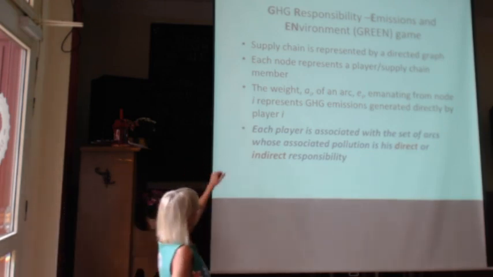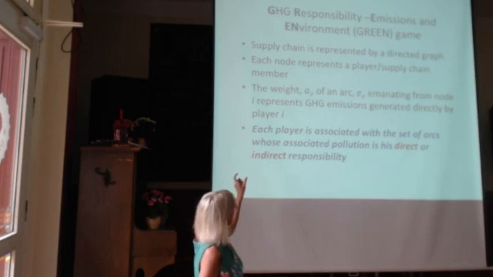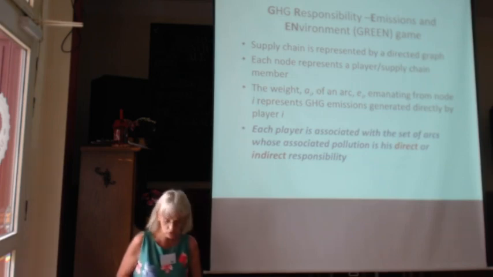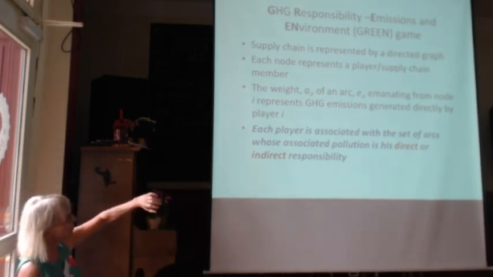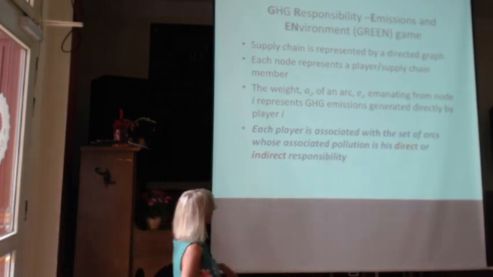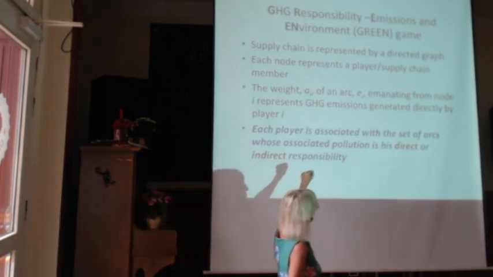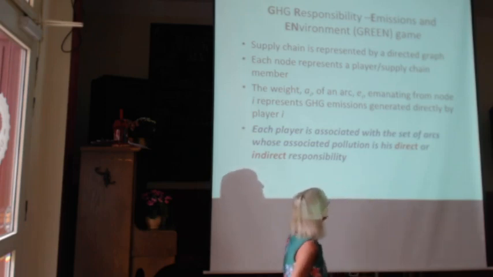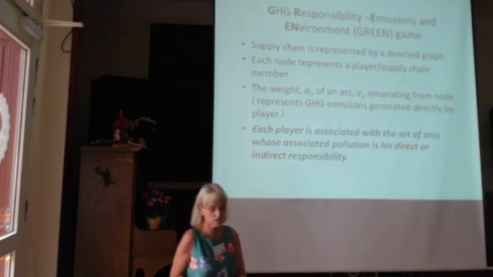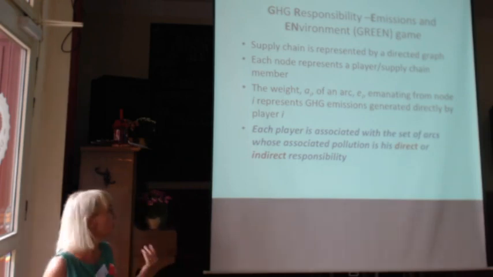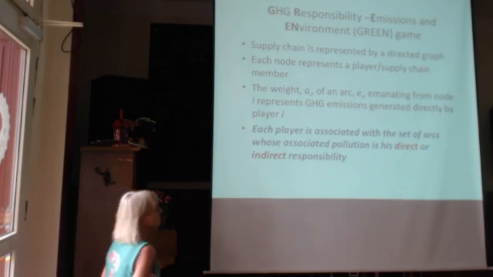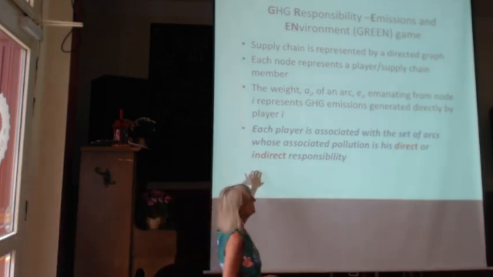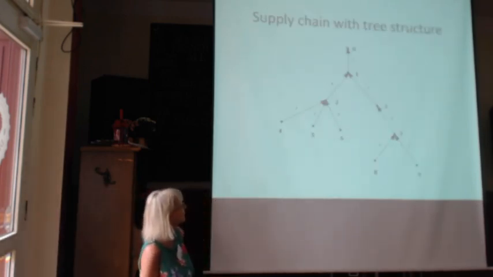This is the weight of the arc, and this emission is being used in our cost game. We look at the node from which the arc is going out as a supply chain member with its direct emissions, but we also allow for indirect responsibility. In a way, if a company can impact emissions from some of the other members, they can be assigned the responsibility for those arcs and for those emissions.